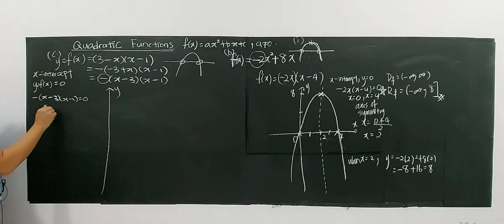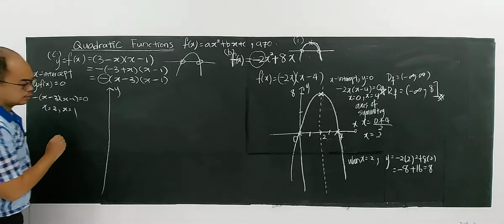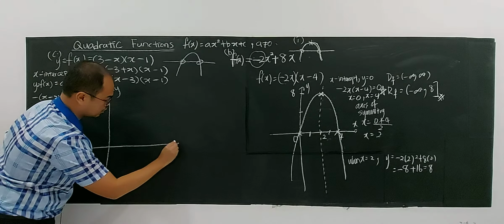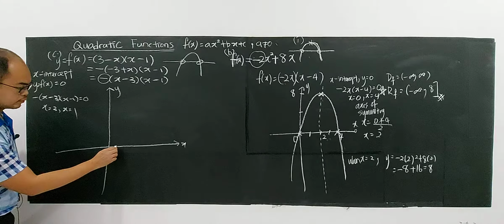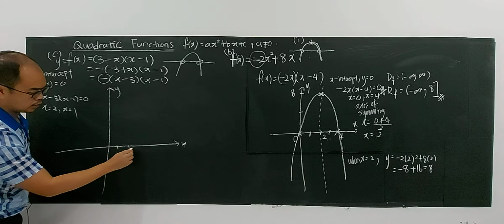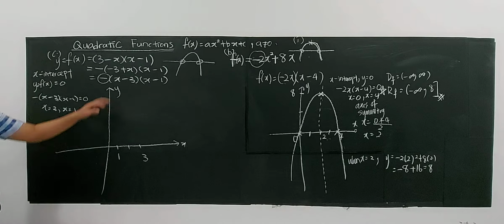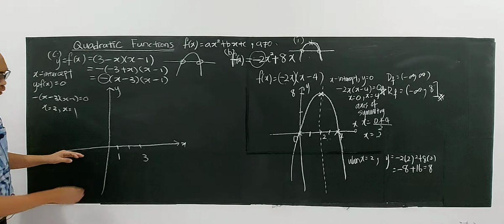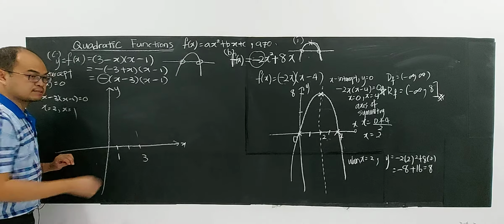So you have x equals 3 and x equals 1. So you sketch. It is between 1 and 3, all right? So you know the graph will be moving this way, right? You have a maximum value here.